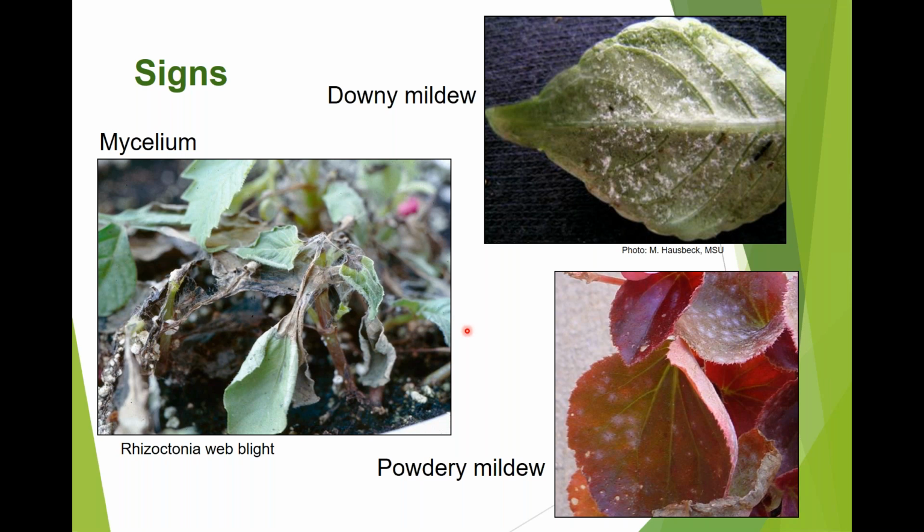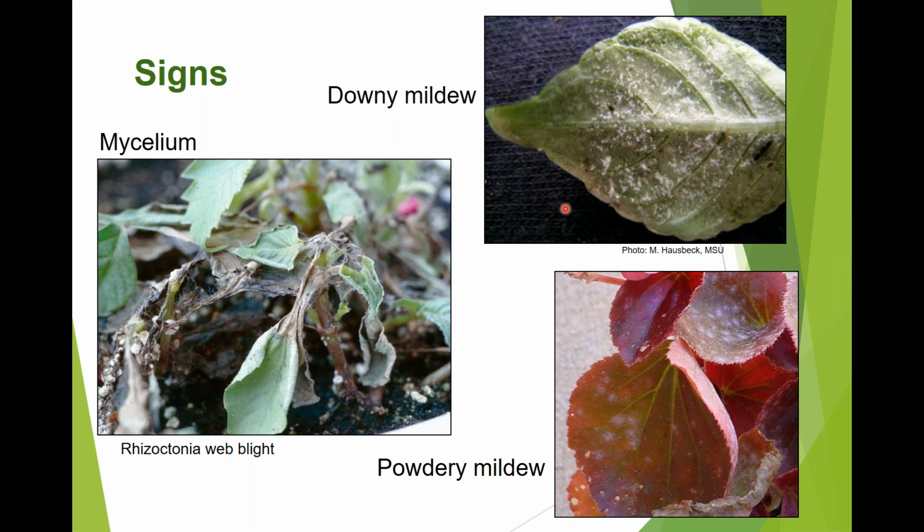The picture in the upper right is a sort of a fluffy white mycelium, and you may be familiar with this disease. This is downy mildew on garden impatiens, and that is sporulation of the causal agent, the causal oomycete, which is a fungus-like organism, on the underside of the leaf.